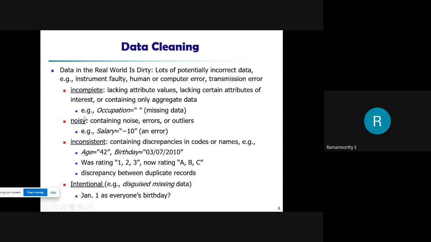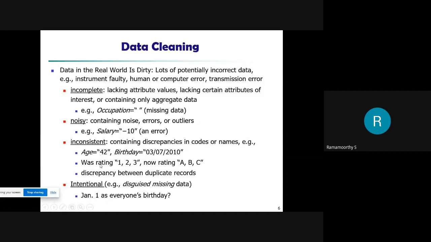So noisy data also needs to be removed, and inconsistent data. For an example, you take age is equal to 42. If the date of birth is 3/7/2010 as given in this example, and you want to calculate the age of this person according to the date of birth, this is not a correct value, right?